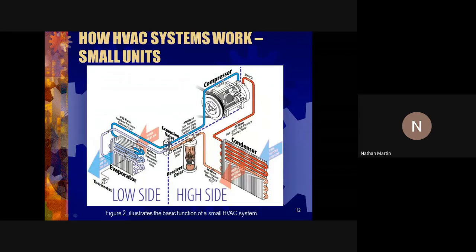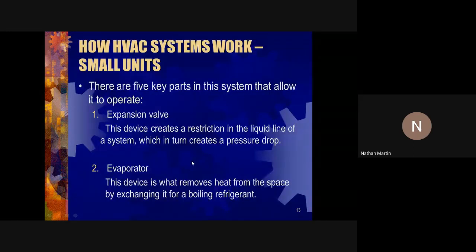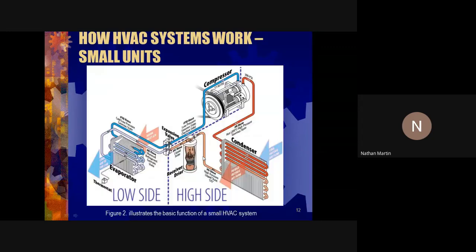All right. We have our evaporator. This device removes heat from the space. The refrigerant, for persons who don't know, is way below the freezing temperature, so it will absorb the heat, and then that heat will go back to the compressor, and the condenser will send that heat to the atmosphere.